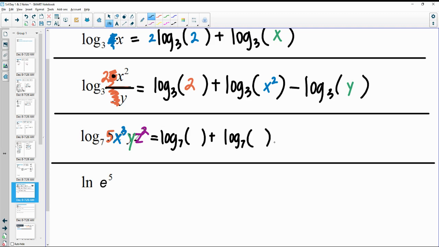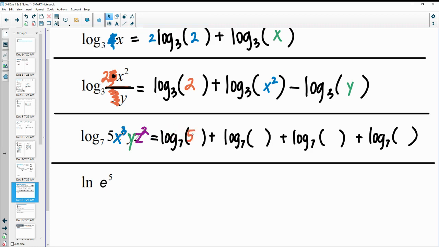So we have 4 different products, so we'll have 4 different log base 7s, one for each factor. So we have log base 7 of 5 plus log base 7 of x cubed plus log base 7 of y, and then plus log base 7 of z squared.